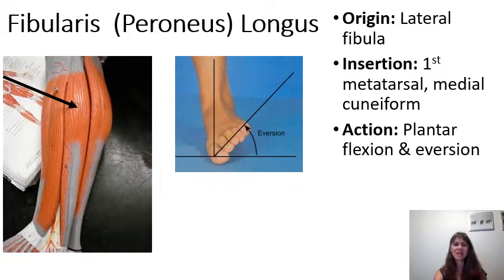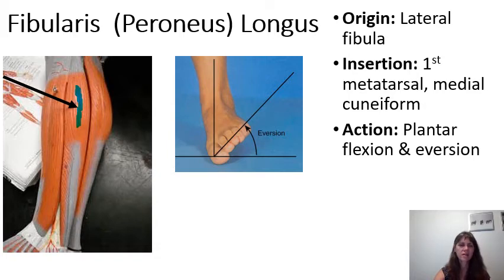This takes us to the lateral aspect of the leg, where we see fibularis or peroneus longus and brevis. This arrow is pointing to fibularis longus, or if you said peroneus longus, that is also correct.